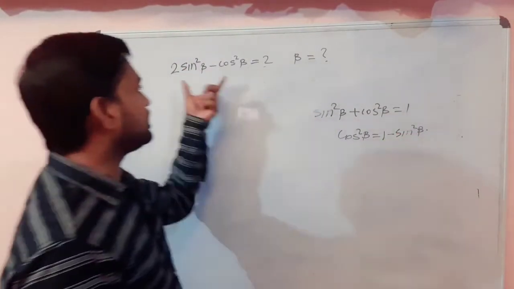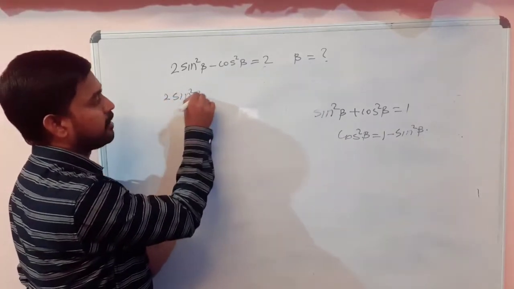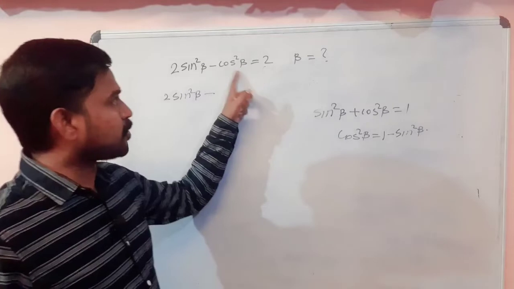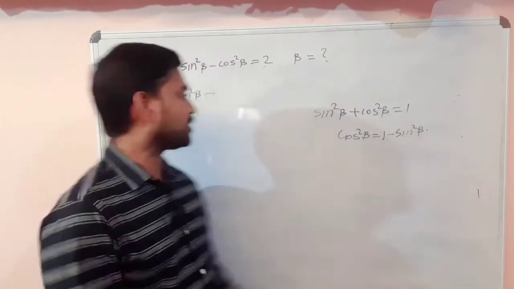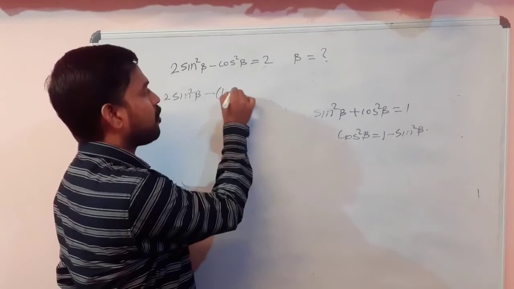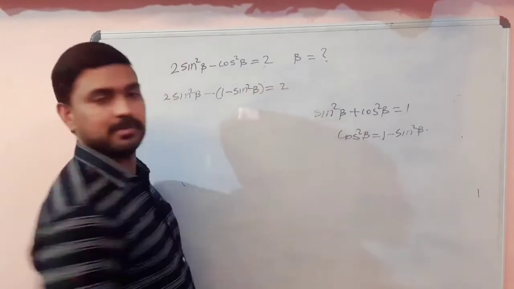Now we can write the left part of our question: 2 sin square beta minus, instead of cos square beta we write 1 minus sin square beta. So the question becomes 2 sin square beta minus (1 minus sin square beta), which is equal to 2.